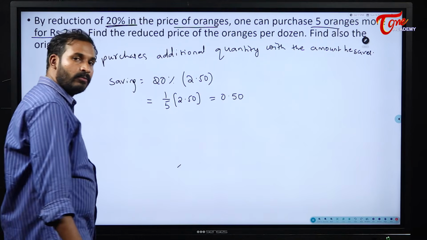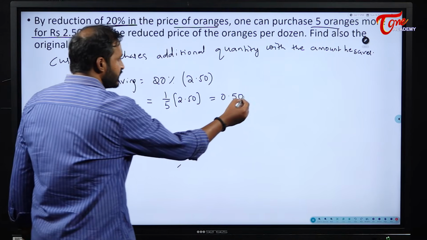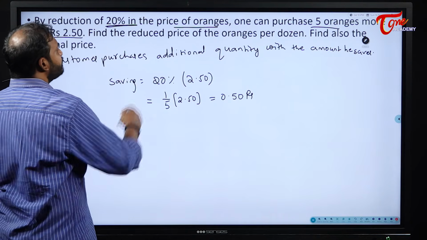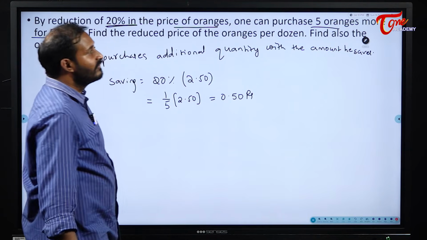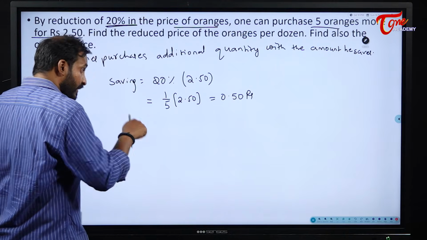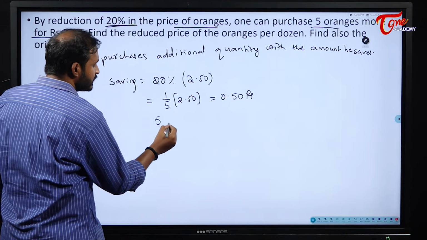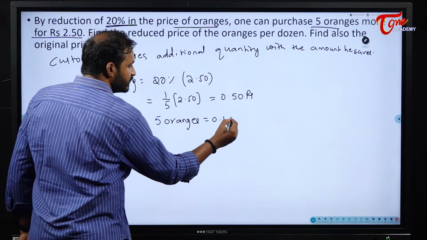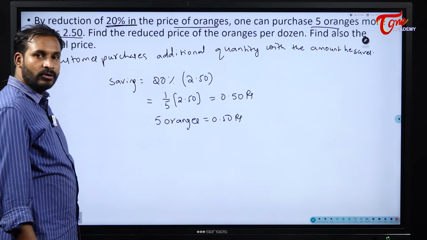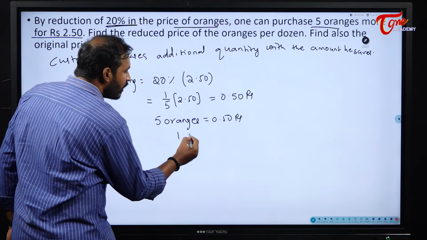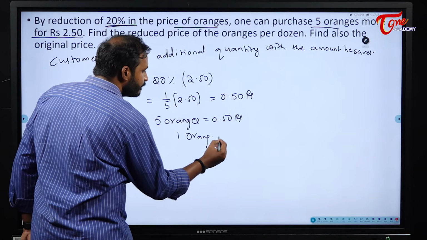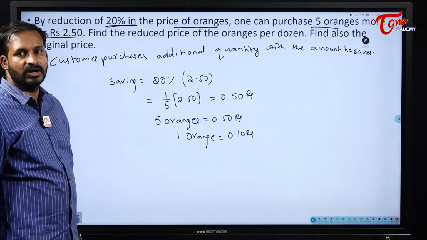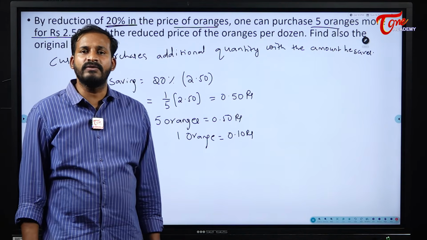His savings is 0.50 rupees here. So with these savings, he is purchasing 5 oranges. So 5 oranges price is equal to 0.50 rupees. So 1 orange price becomes 0.10 rupees, that means 10 paise.